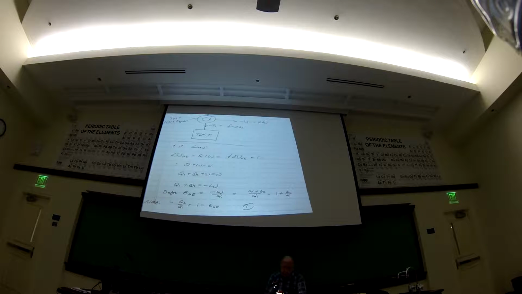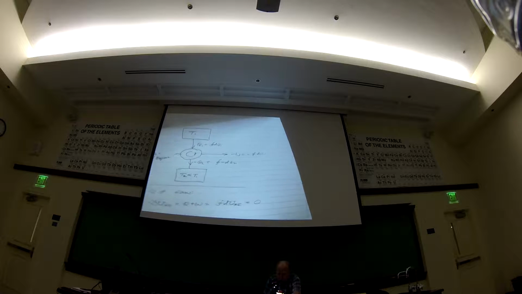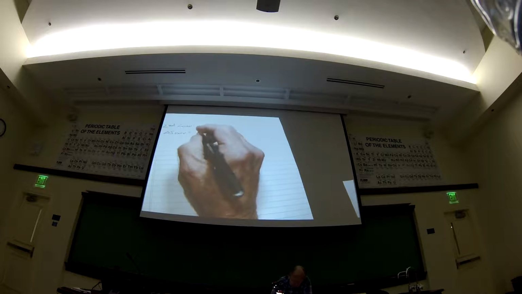We've got this equation. We want to know what that efficiency is, so we invoke the second law. And the second law saith that delta S of the universe is equal to, and what is our universe?